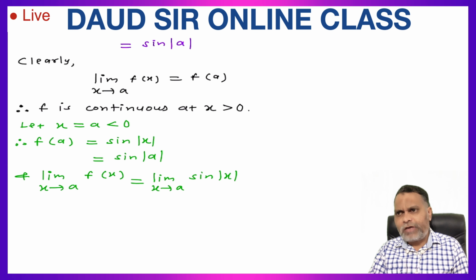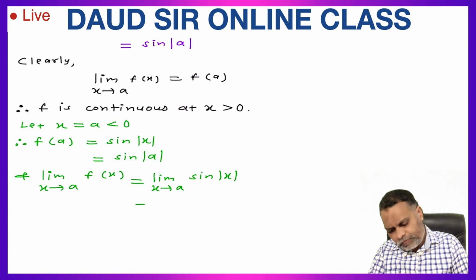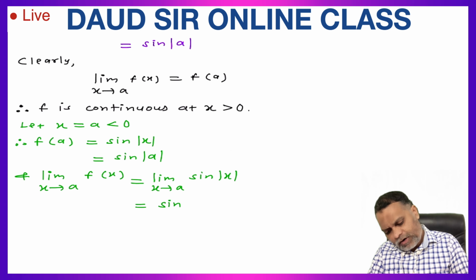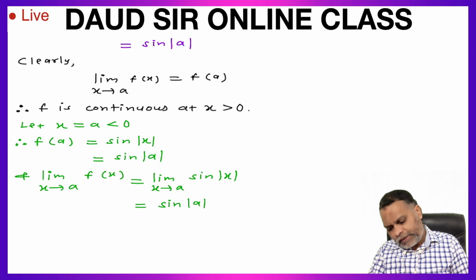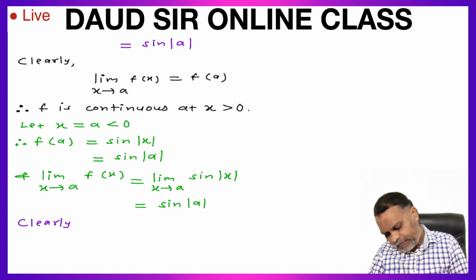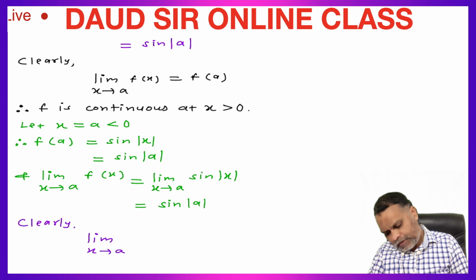Substitute x is equal to a, which is less than 0, sine mod of a. Clearly, limit x tends to a of f of x is equal to f of a.